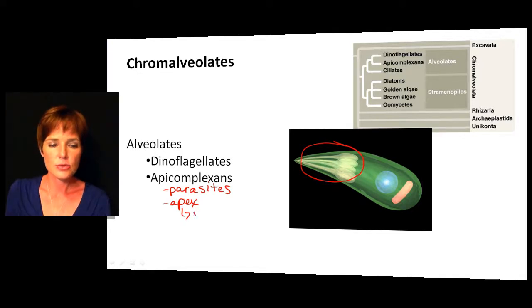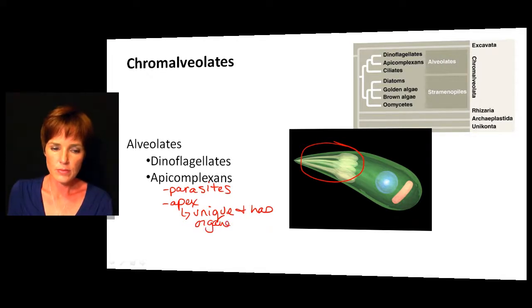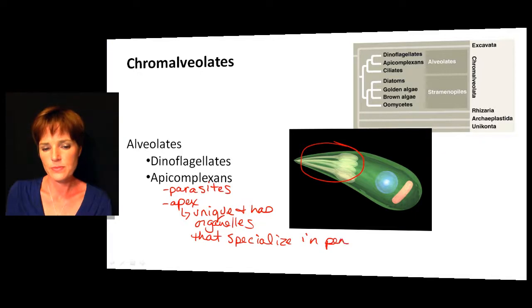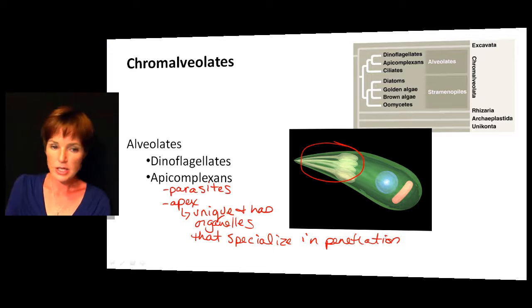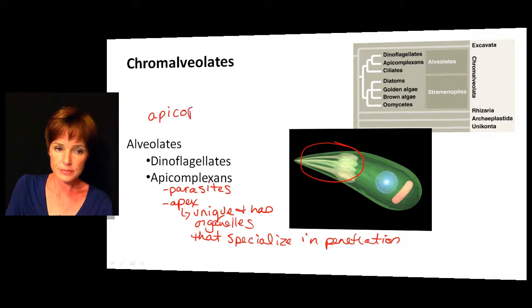This is unique, and it has organelles that specialize in penetration. So these will be very good at inserting themselves into that host organism when they come into contact with them. These also have a modified plastid, which is called an apicoplast.